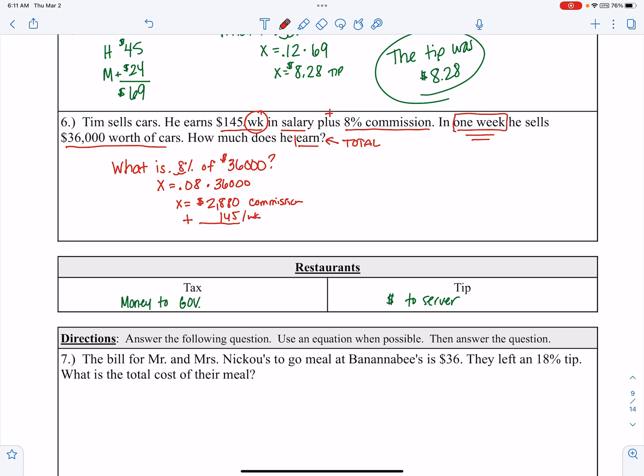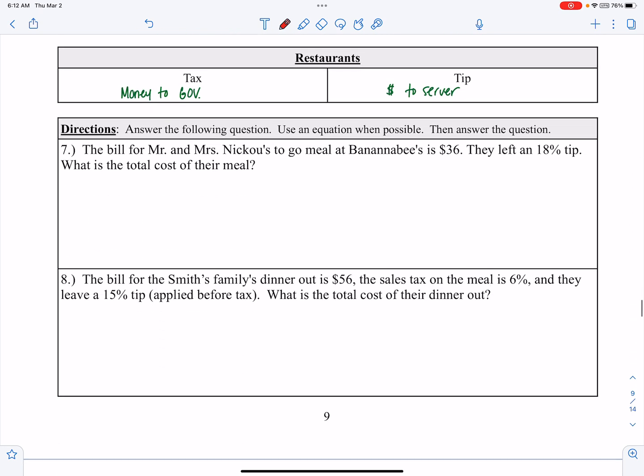And so we end up with 5, 8, 9, 10, 11, 12, regroup, 10, regroup. We end up with $3,025 total earning, okay, with his commission and his salary. So he earns $3,025.